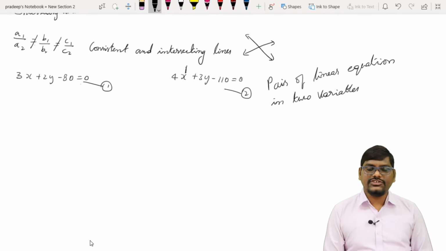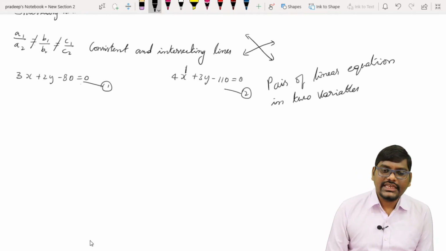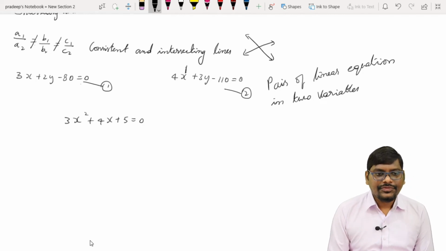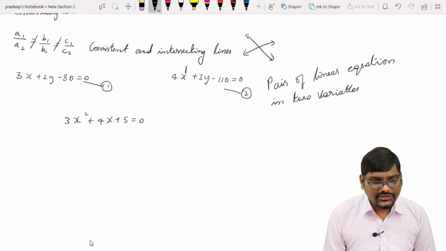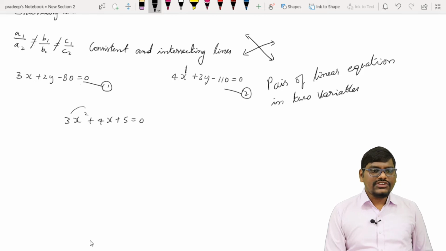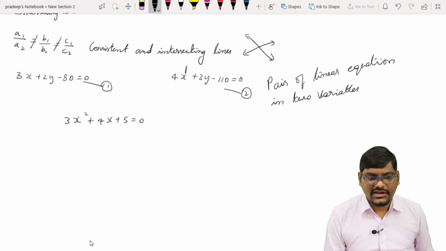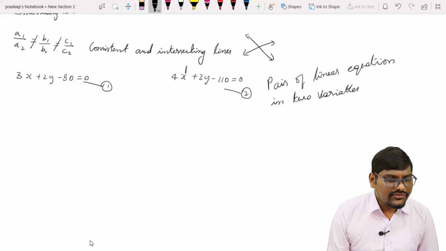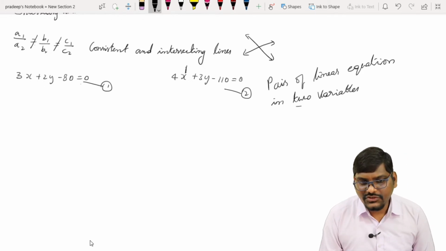You might have observed in the quadratic equation example, I took 3x square plus 4x plus 5 equal to 0, where I took only x as the variable. If you go back and see, I didn't take x and y there, I just took x. Got it? So now here we are taking two variables, x and y, for that reason we say two variables.